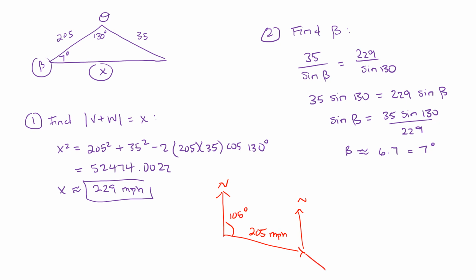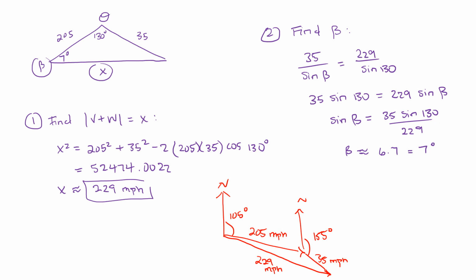The wind was running at a constant 35 miles per hour. And that was going at 155 degrees clockwise from due north. We found that the speed of the plane with respect to the ground was 229 miles per hour. Okay.